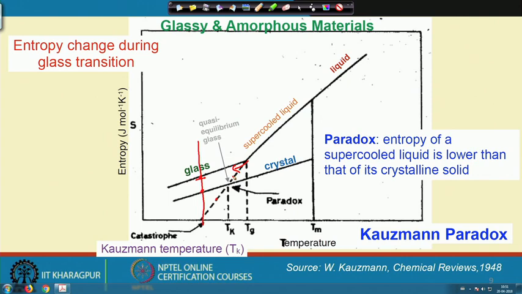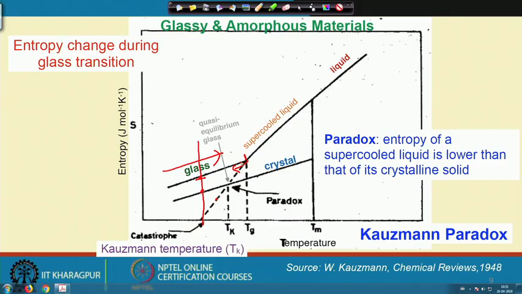And again, if we heat up this glass, then definitely at the glass transition temperature it will show an event in a differential scanning calorimeter. This is a very important observation, or thermodynamic explanation, of the glass transition.